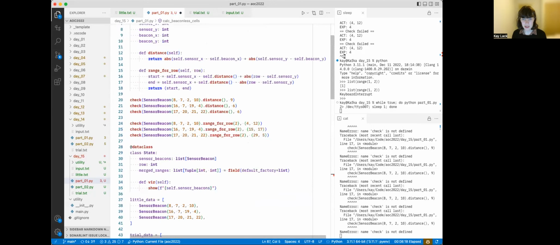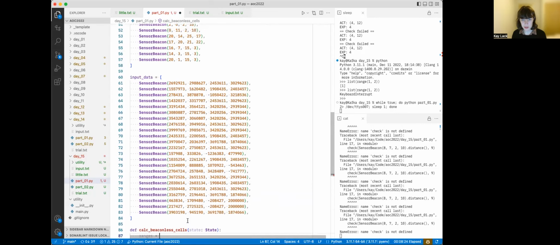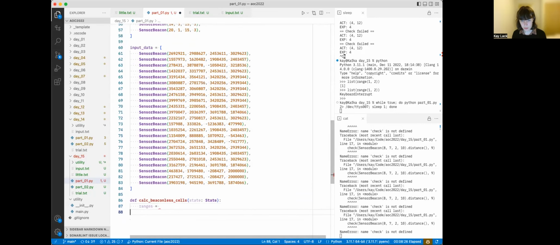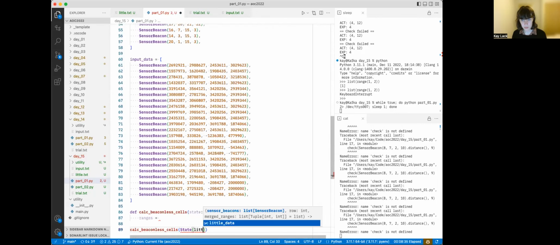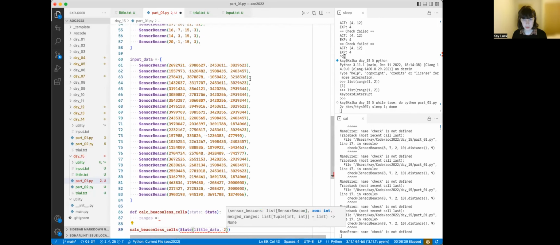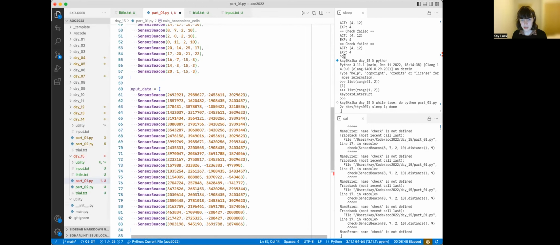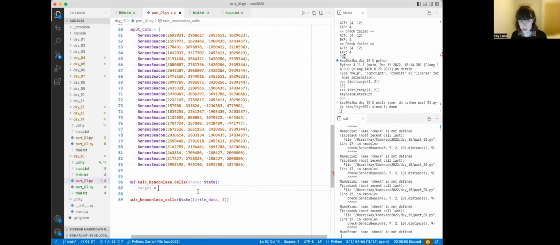So now for this, our first thing is going to be the ranges. Let's have this for 2, because I know what that's going to be. And we're going to get the ranges.